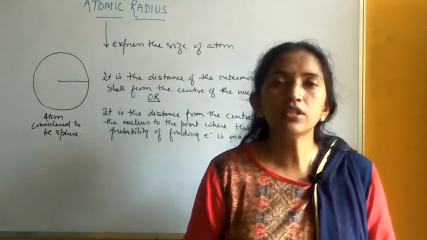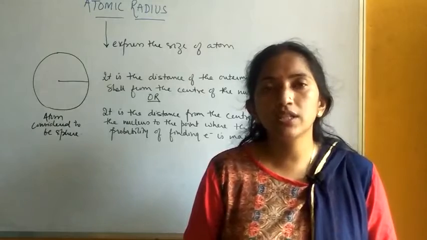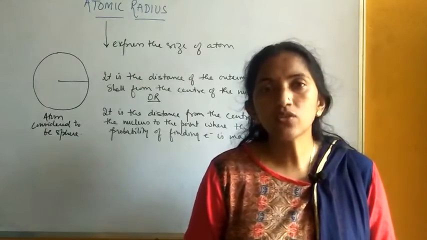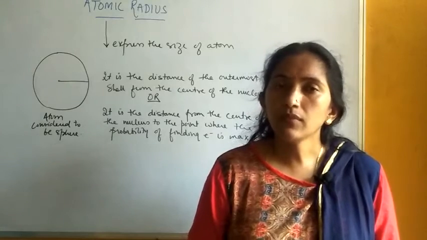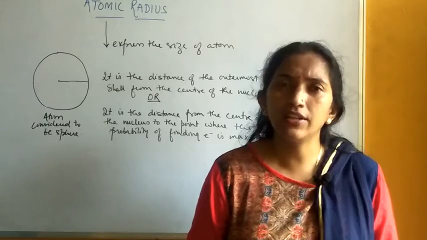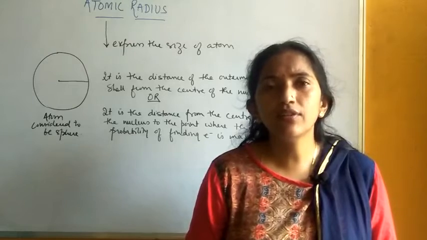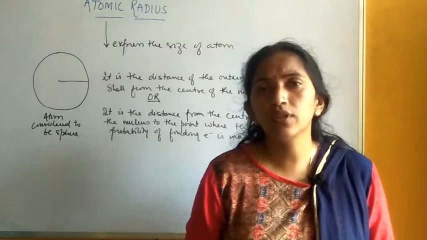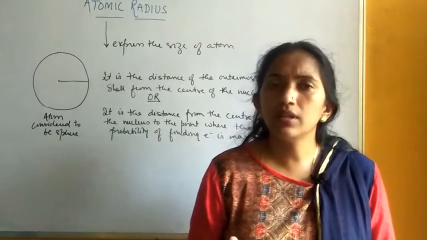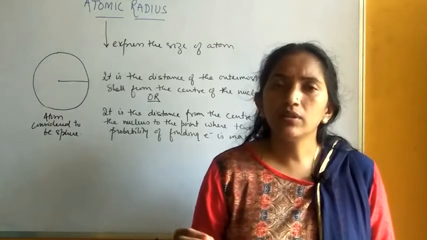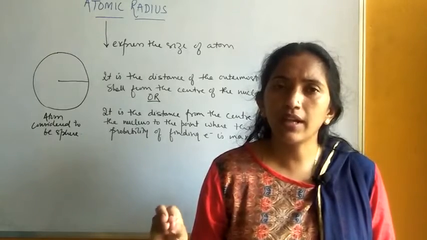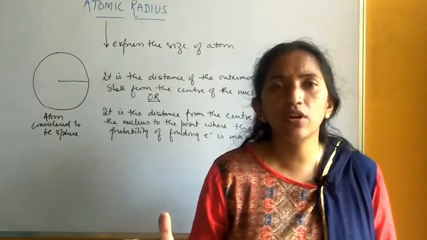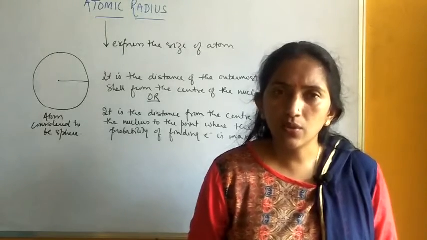Second, the probability density of the electron is never going to be zero from the center of the nucleus. That means we can't say that in or near an atom there's a point where the probability of getting the electron is zero, right?